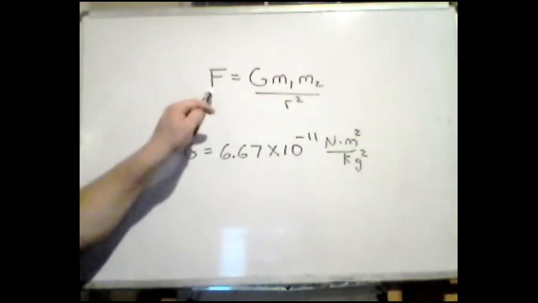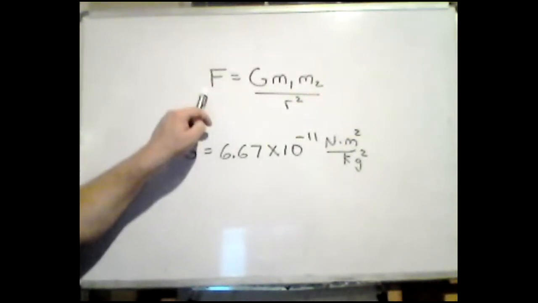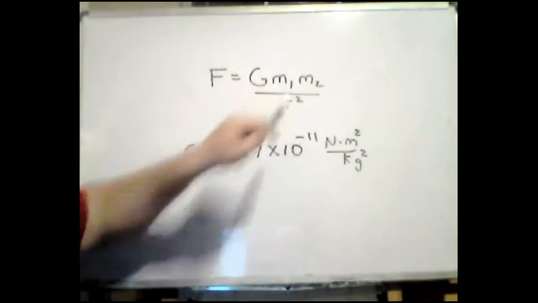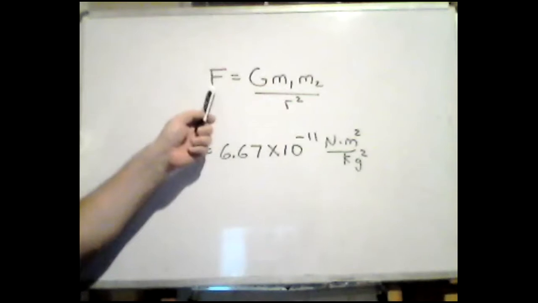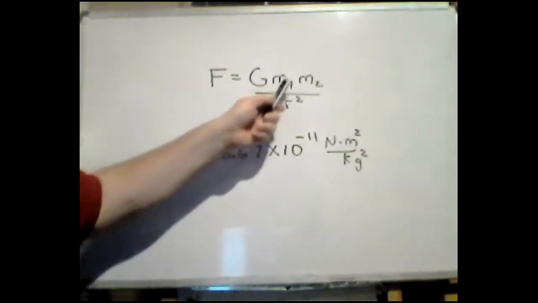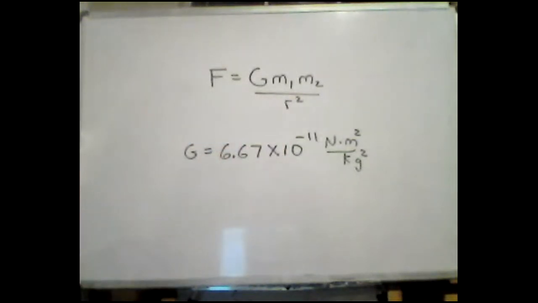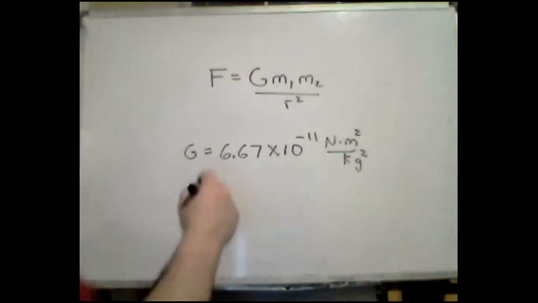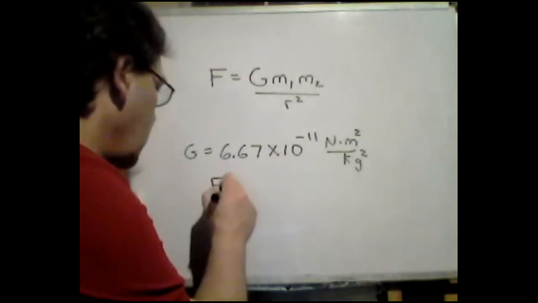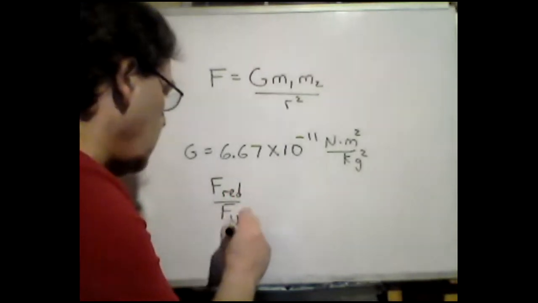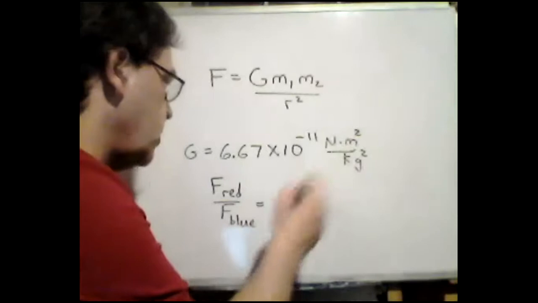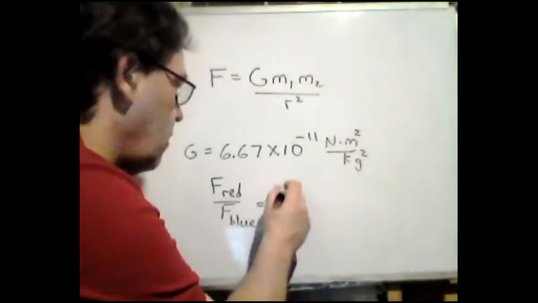The blue object feels the force F, given by G m1 m2 over r squared. The red object feels the exact same force, given by G m1 m2 over r squared. They feel a mutual force. So the force felt by the red object divided by the force felt by the blue object, all those forces are the same. Their ratio is 1.